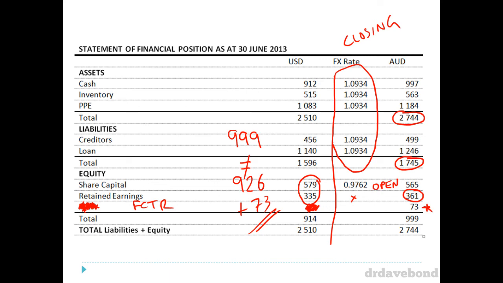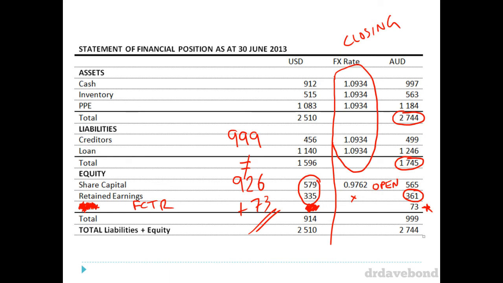Depends on which currency. Which one's stronger? No, you just have to look at what you've been quoted and how it's been quoted. In a few of the things I've done, I've quoted it as 1 US equals something Aussie, but in the New Zealand one, I had something Aussie equals something New Zealand. So it just depends. In this one, we were quoting one US dollar equals a certain amount of Australian dollars.